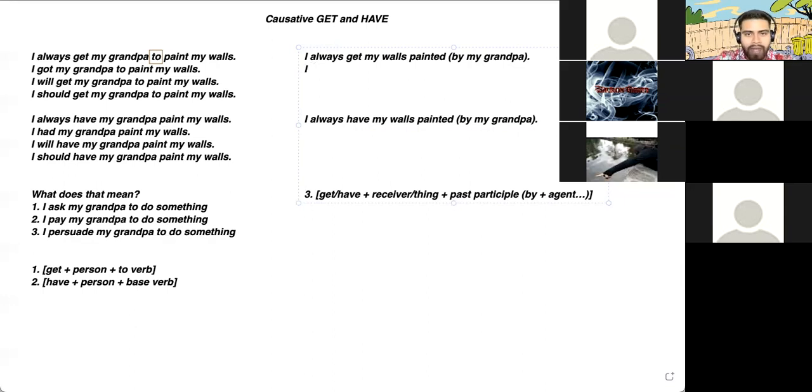For example, I got my walls painted. I will get my walls painted. And I should get my walls painted. I put ... so I don't have to write everything.